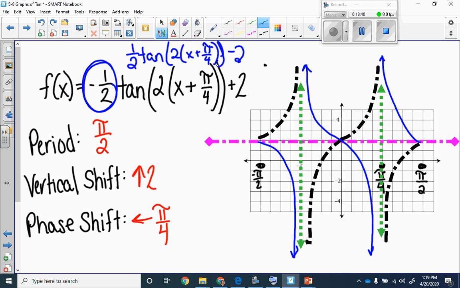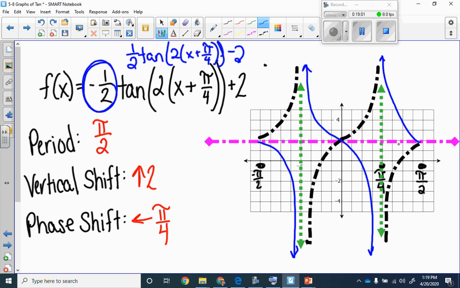So thinking about the fact that you would be shifting your graph down 2 units, but then reflecting it over your x-axis, which would be making it up 2. But if you just know that really you're going to reflect over your vertical shift line, that will help you.